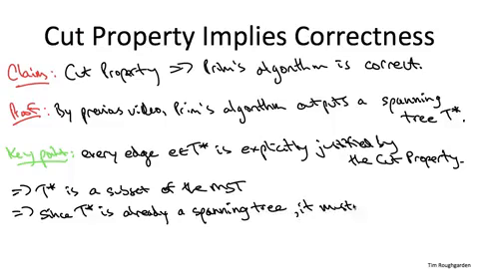So T star is already a spanning tree, and you can't have anything bigger and still be a spanning tree. Therefore, this has to be the minimum spanning tree. There cannot be anything else. So for this reason, T star must, in fact, be the minimum cost spanning tree of the graph. Since the input graph was arbitrary, assuming only that it was connected, this completes, assuming the cut property, the proof of correctness of Prim's minimum spanning tree algorithm.